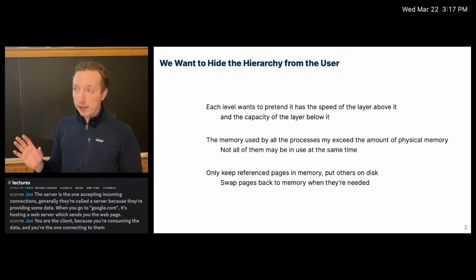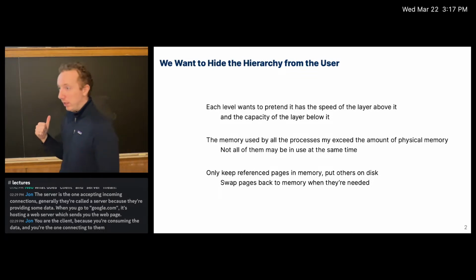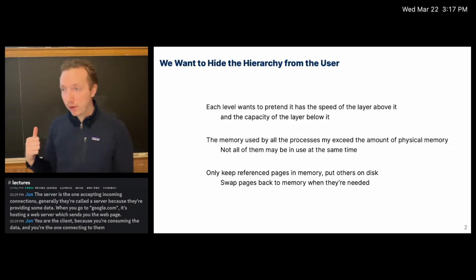How it does this is it will cache any memory that's not in use and throw it on the disk drive. If you need it, it can grab it from the disk drive. If you don't, it just stays there and can swap in and out whenever it wants.